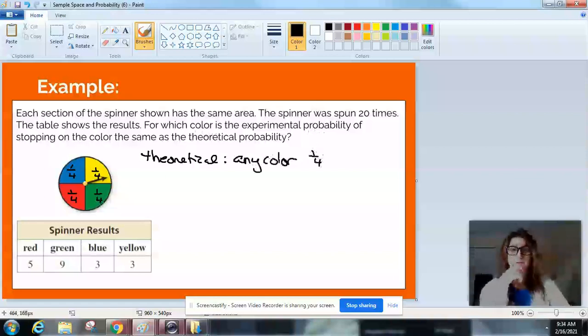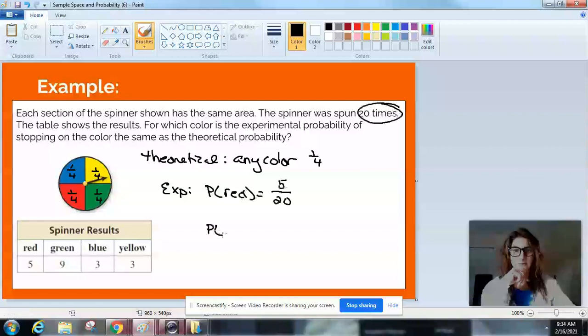So they want to figure out which of the experimental probabilities matches that. So let's take a look. So experimental is what we did. So we have the probability of red. Now we spun it 20 times. So that's the number of trials that goes in the denominator. And then whatever happens goes on top. So I have 5 out of 20 for red.